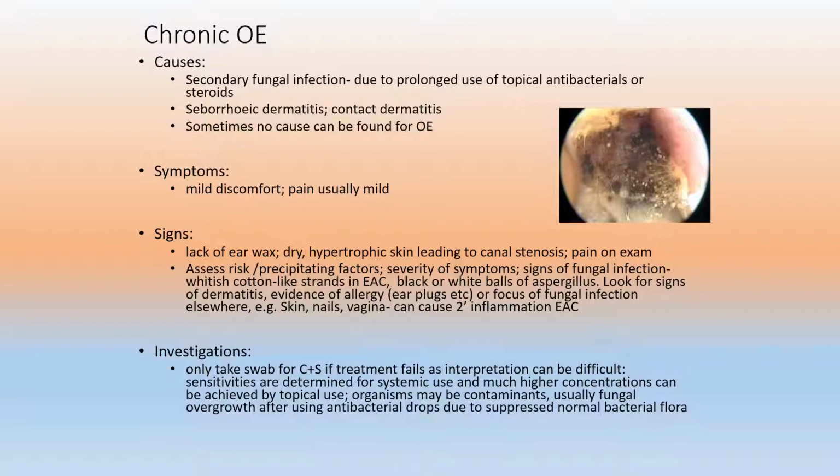Investigations: only take a swab for culture and sensitivity if treatment fails, as interpretation can be difficult. Sensitivities are determined for systemic use, and much higher concentrations can be achieved by topical use. Organisms may be contaminants, usually fungal overgrowth after using bacterial drops due to suppressed normal bacterial flora.